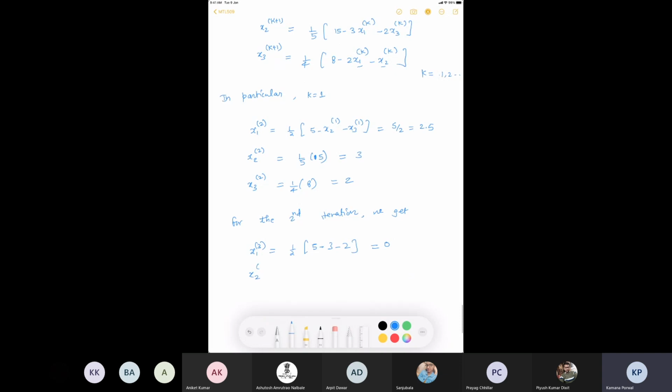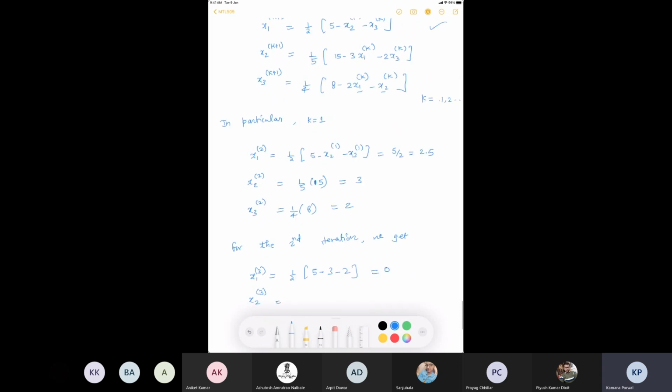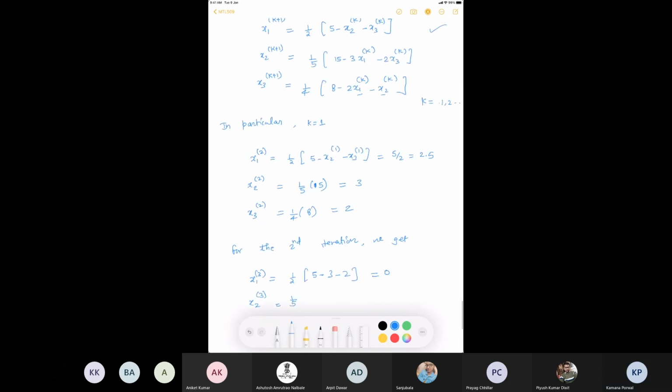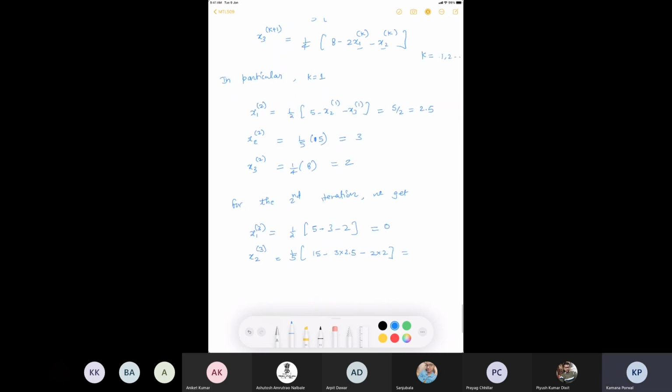And x2, 3 is going to be 1 by 5 times 15 minus x1, 2, which I have computed to be 2.5. So 3 into 2.5 minus 2 into 2. So you can simplify this, 5 by 2 into 3 is 15 by 2, and 15 by 2 minus 4.